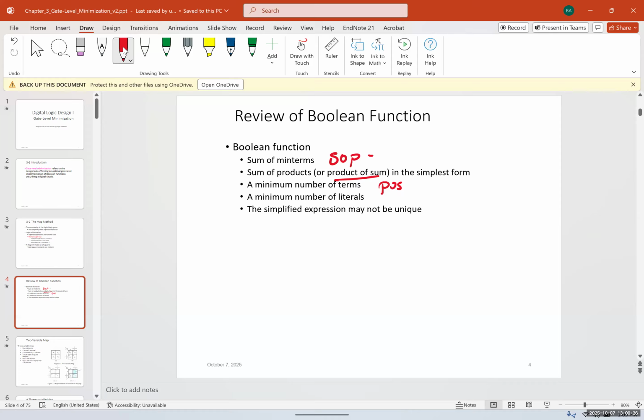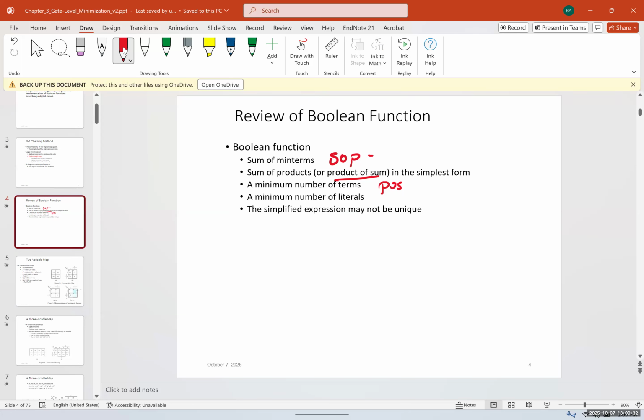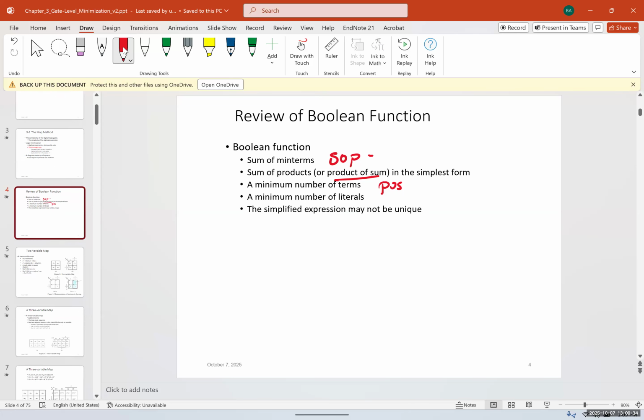They would have the same number of gates, but they are not the same. Now, today our focus, and for the next class and next week, is going to be only on simplifying Boolean functions using the map method, or what we call a K-map.